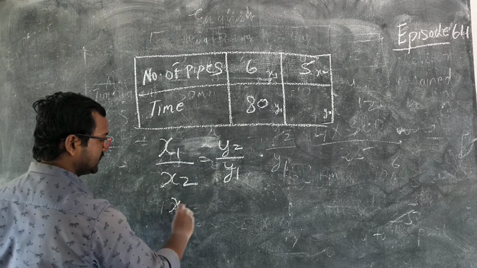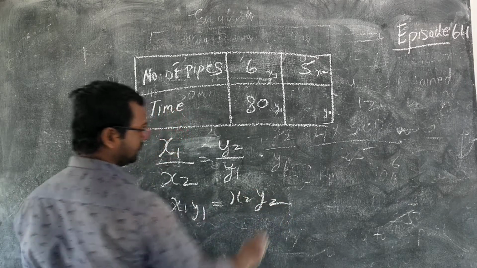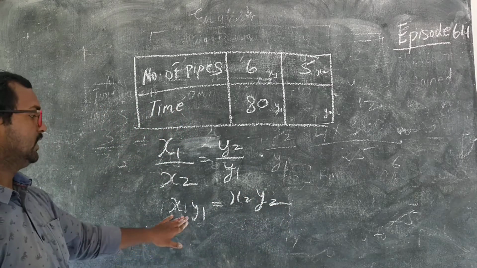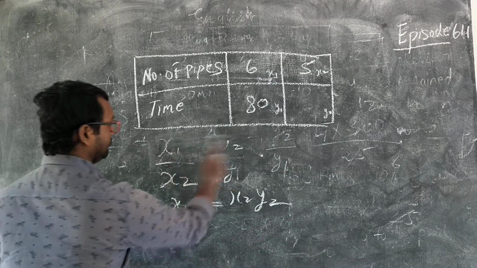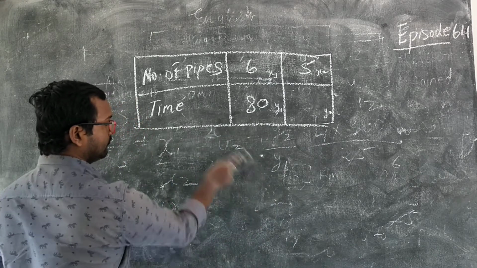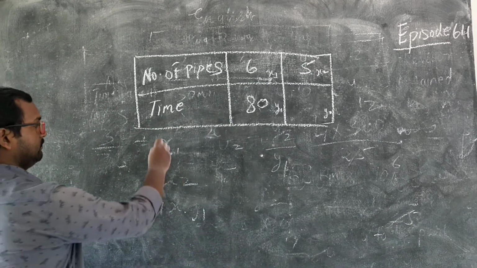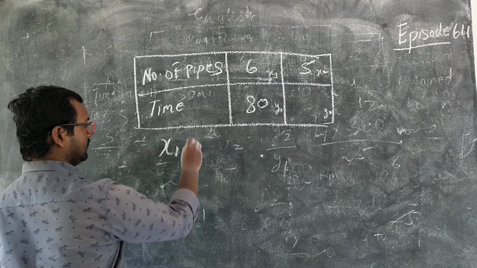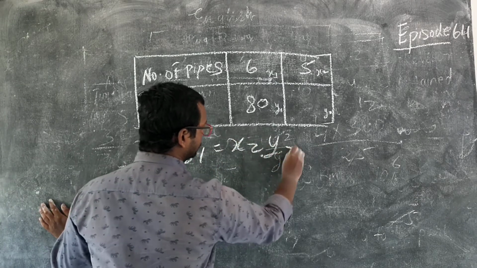We can write x1 y1 equal to x2 y2. I think this is a much easier formula, so we will apply that. So if we apply x1 y1 is equal to x2 y2.